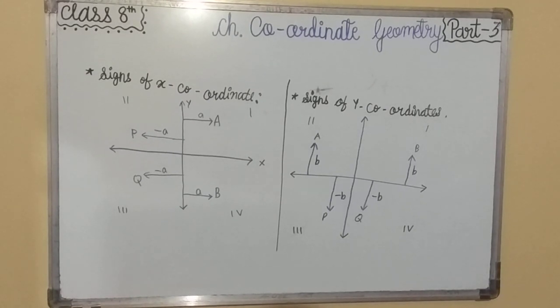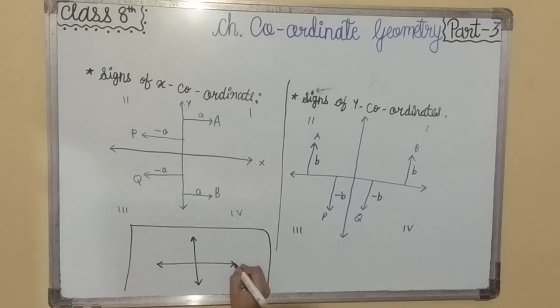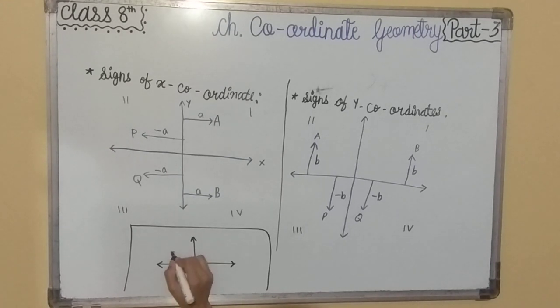Now there is the summary of the signs of the coordinates. So this is the diagram. This is minus, comma, plus.